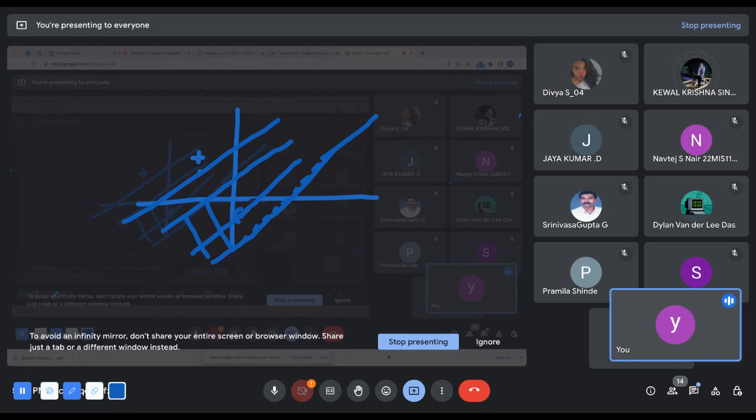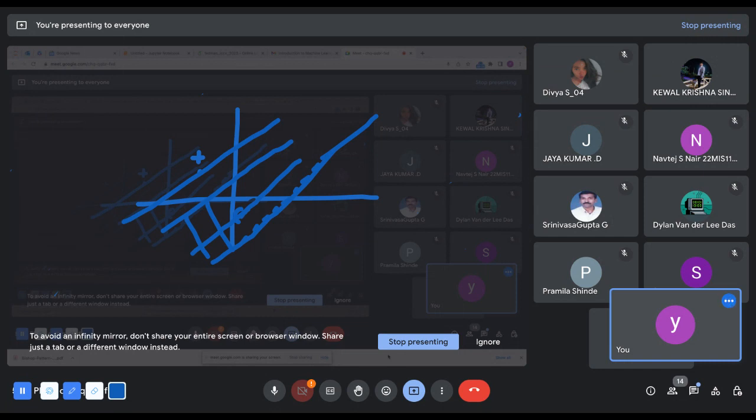Sir, the support vectors will get impacted only when the closest data points are impacted. Else the data will remain in the right class, and the support vectors will not be impacted. That's right.